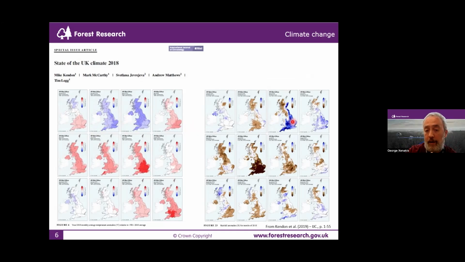And in terms of rainfall, we're going to have a lot more rainfall during winters, but much drier springs and summers. So climate change is not always about the actual numbers, but also about the distribution and when these differences are going to happen. And all these are affecting our forest ecosystems.